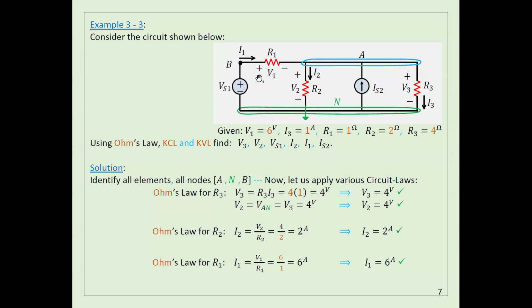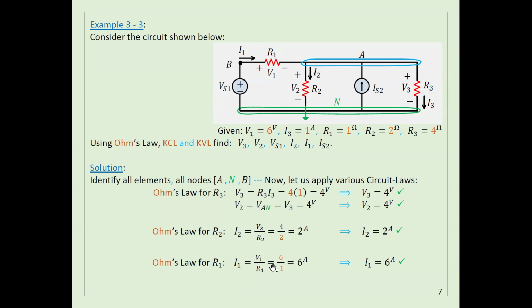Now, if you look at R1 here, what information do we have for R1? This is very easy. I give you the resistance and I give you the voltage drop, so you can easily get the current with Ohm's law, and that's what I did here as well.